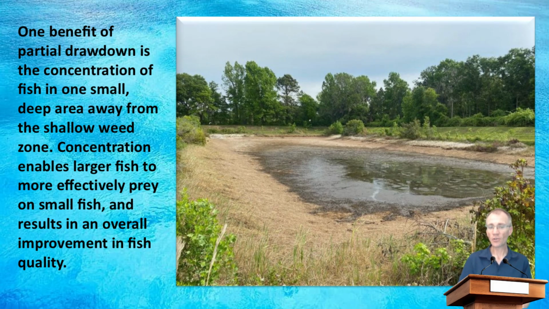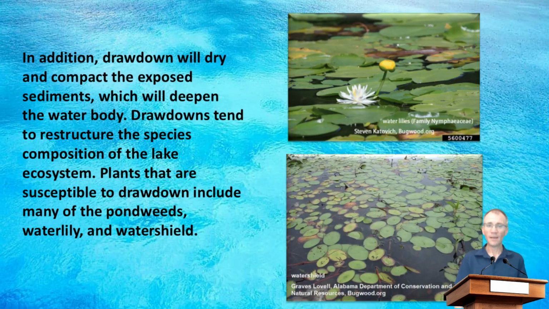Concentration enables larger fish to more effectively prey on small fish and results in an overall improvement in fish quality. In addition, drawdown will dry and compact the exposed sediments, which will deepen the water body.